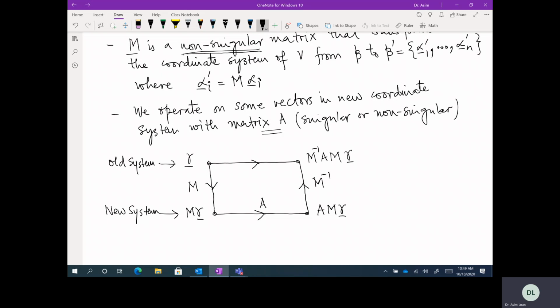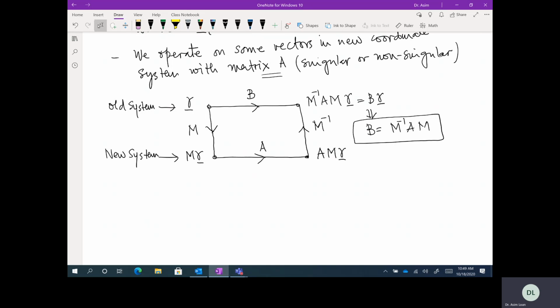And if I have B in the old system, this should be equal to B gamma. So this implies B equals M inverse A M. Right?